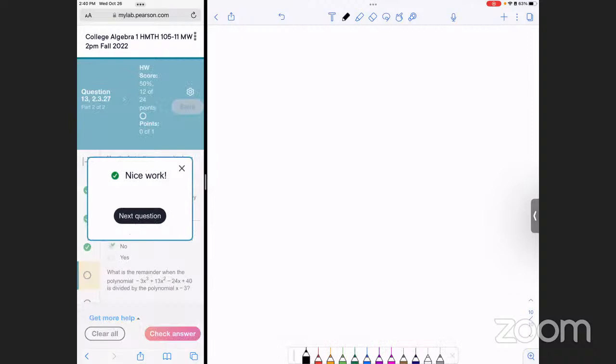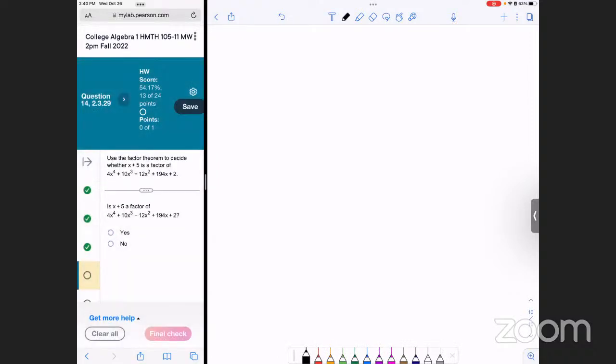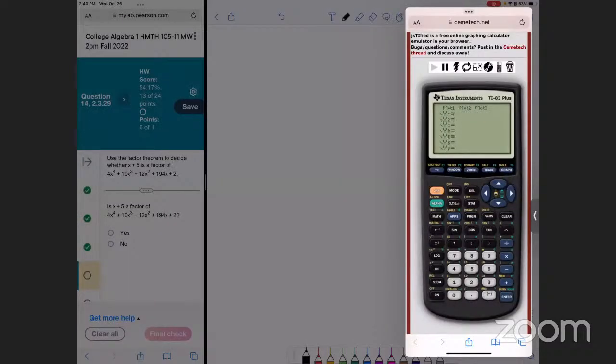Use the factor theorem to decide whether x plus 5 is a factor of this guy. So I'm just going to do it in my calculator again. We got 4x to the 4 plus 10x cubed minus 12x squared plus 194x plus 2, okay?